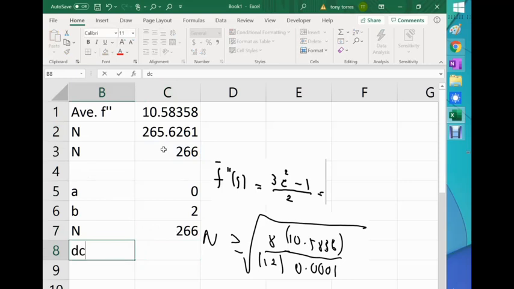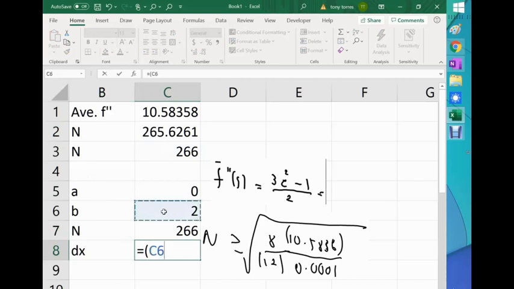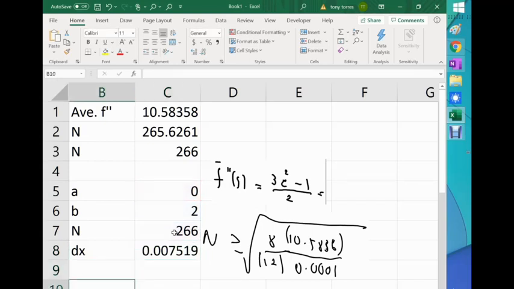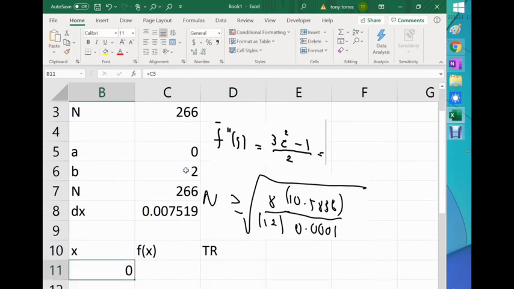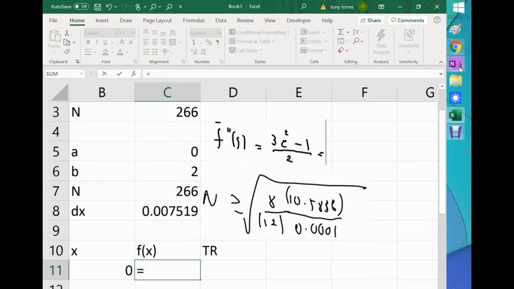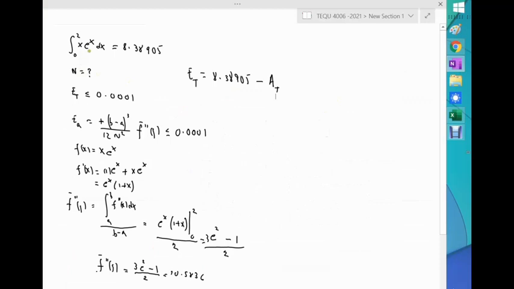Now delta x for this problem is b minus a divided by the number of steps, and that's how small it is, but no problem. x, again, f of x, and we're going to be using trapezoidal rule, and so we start equal to this value here, and so f of x equals, remember, the function now is x times e to the x.